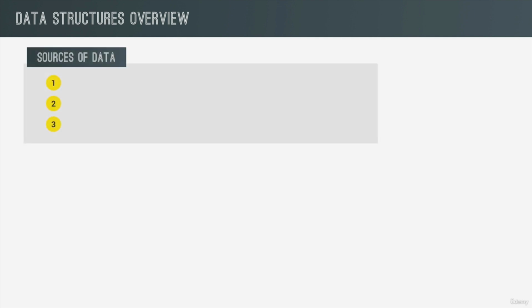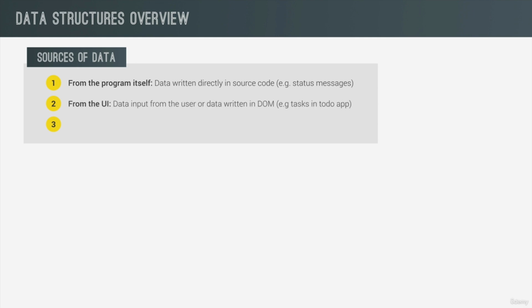And I want to start this video by quickly categorizing where data can actually come from. So there are essentially 3 sources of data. First, the data can be written within the program's source code itself, like status messages that will be displayed on a web page based on user actions. Second, data can come from the user interface, so from the web page.